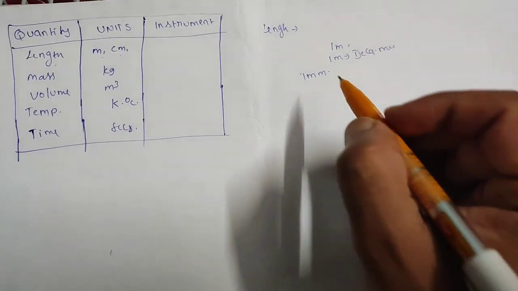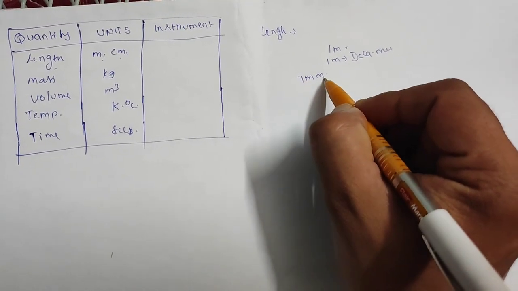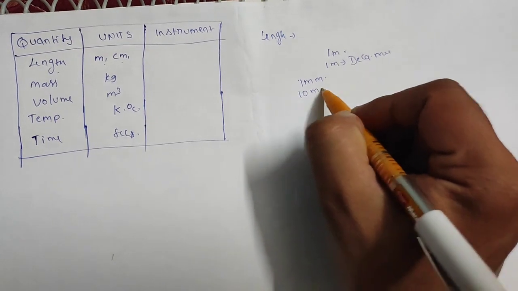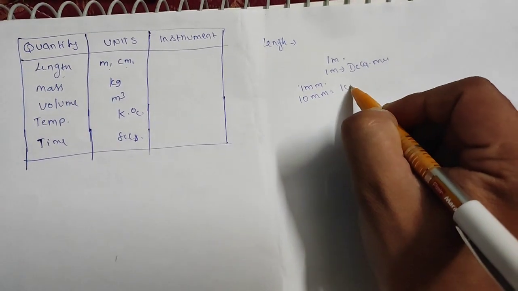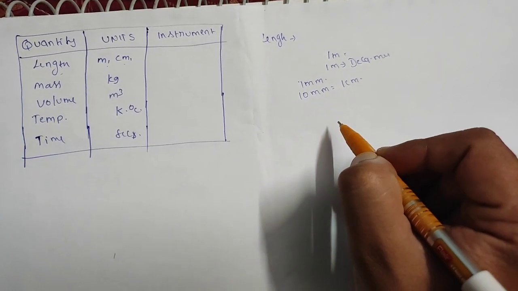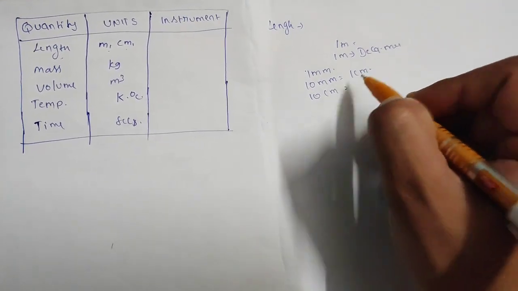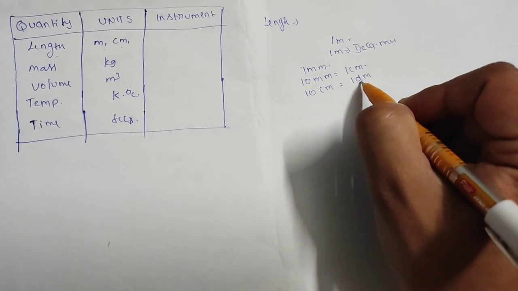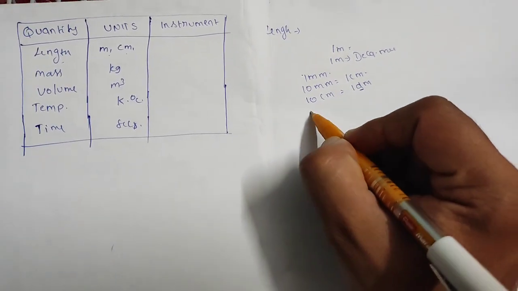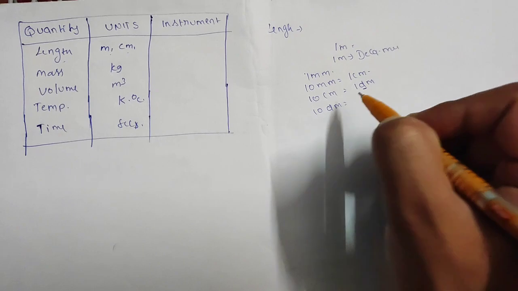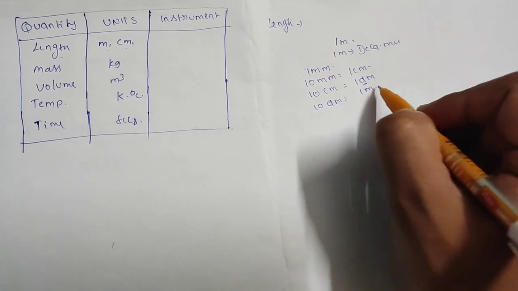Next, 10 mm will become 1 centimeter, and 10 centimeters will become 1 decimeter. Decimeter will be smaller. And 10 decimeters will become 1 meter.